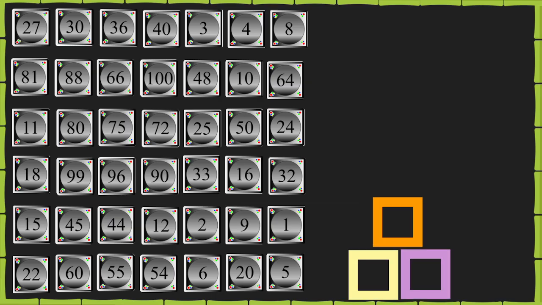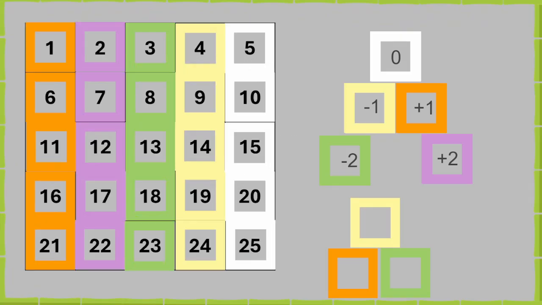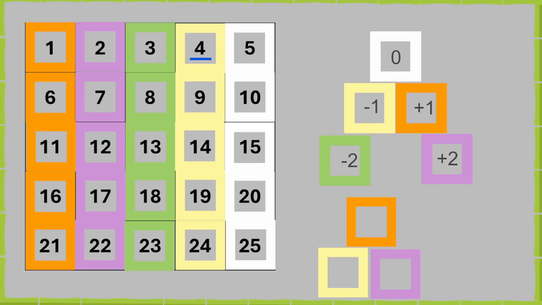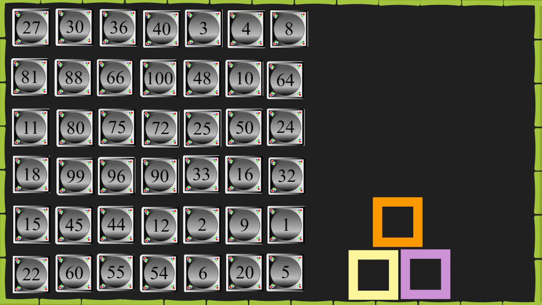Let's try this. So what could I do here? I could do 4, 2, and 6. That would be a good example. And so let's try that, because those I know are cards that we have.